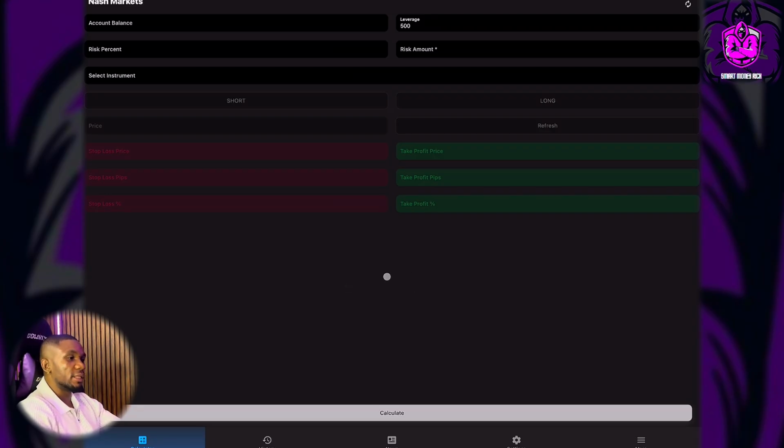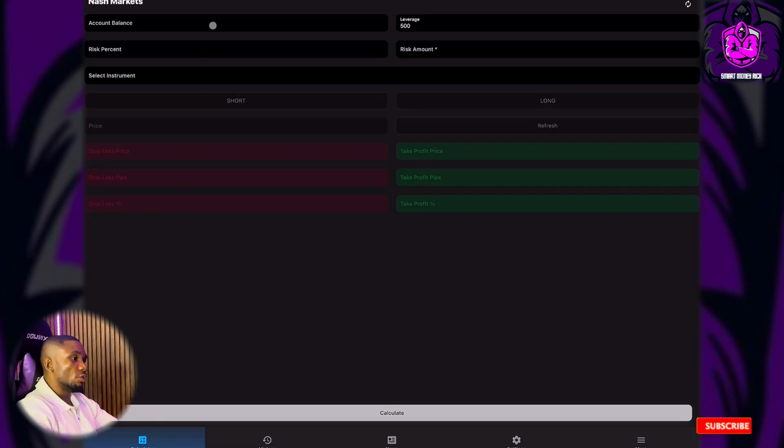I've been using Nash Market for over 3 years now. I first downloaded it in 2022. Before I started using Nash Market, I've been using other apps, but they are not as accurate. You guys know I trade gold a lot, right? So Nash Market is the app I use in calculating my lot size on gold.